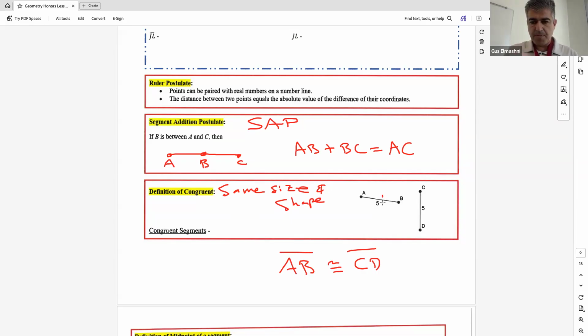Sometimes you use little markings to show congruence as well. Congruent segments are segments with the same length. Of course they have the same shape, since they're line segments. Segments with equal length.